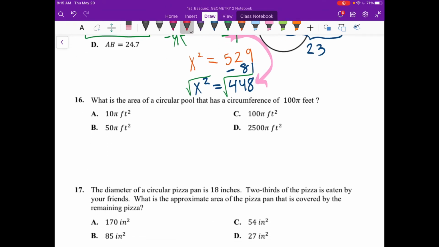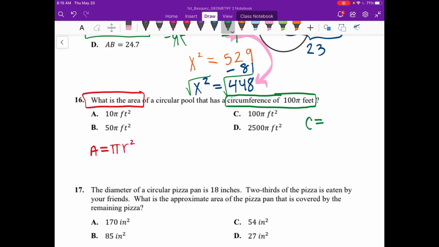Number 16. What is the area of a circular pool that has a circumference of 11 pi feet? So my final answer needs to be area, and I know the area of a circle is pi r squared. The circumference of this same circle is 100 pi. Circumference is 2 pi r.